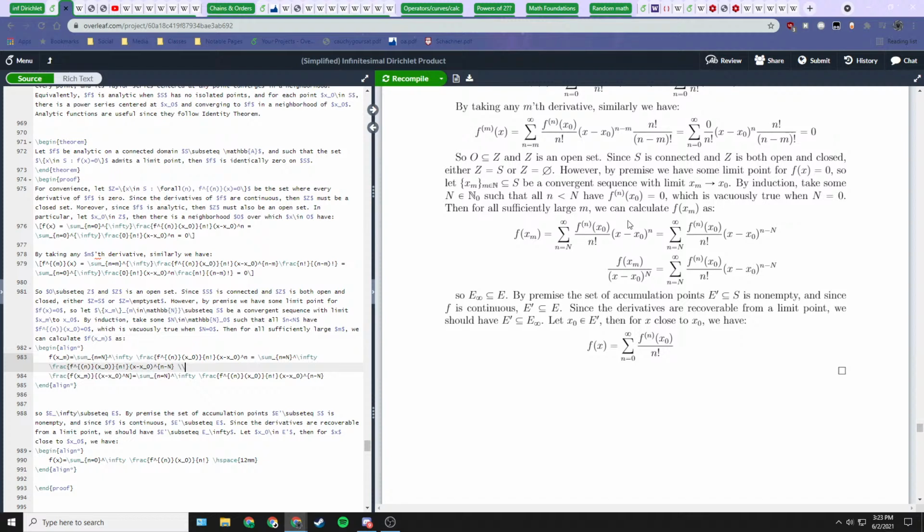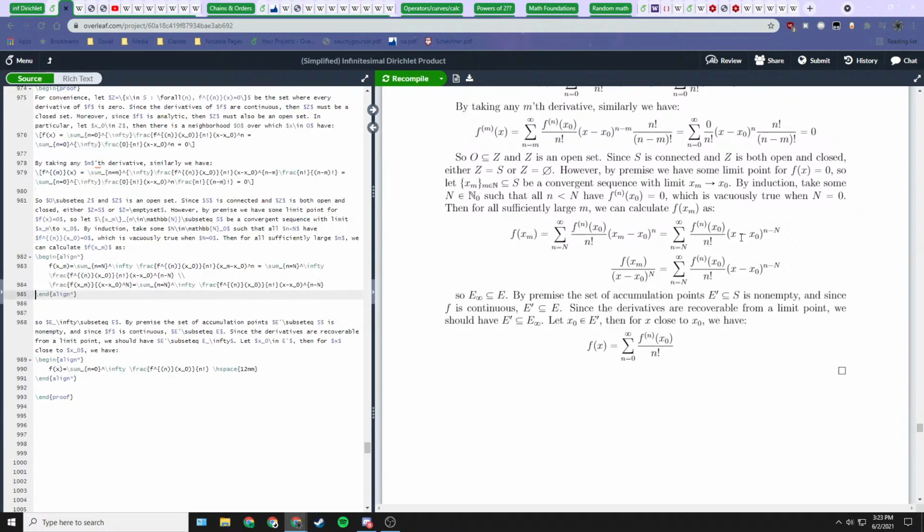x_m is the summation. This should be x_m. And then we have this other term. If we pull out, this is fine. And then we're just trying to factor out the whole expression.